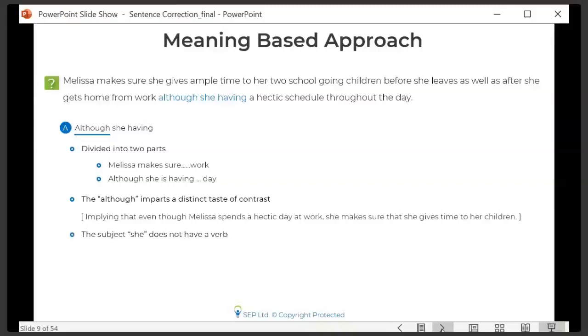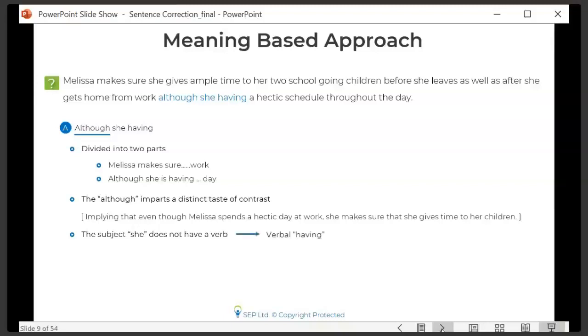So the subject here is she in choice A, but the subject does not have a verb. We know that the -ing verb having, if it is not preceded by any helping verb, is not a verb. So since there is no verb to the subject she, this is incorrect, and therefore you have marked it incorrect.